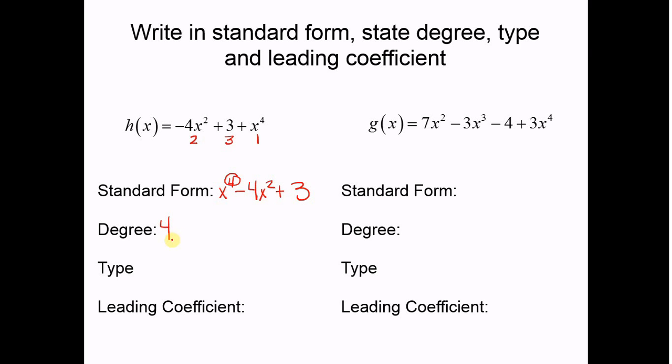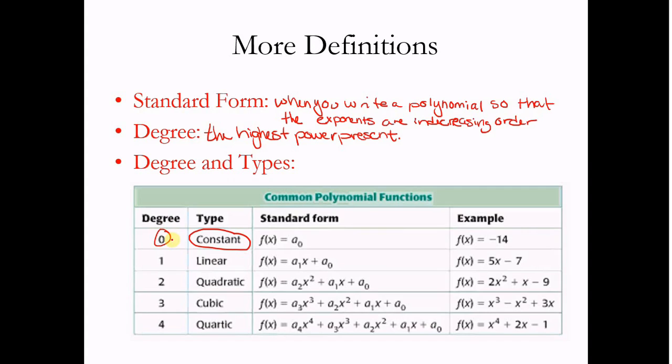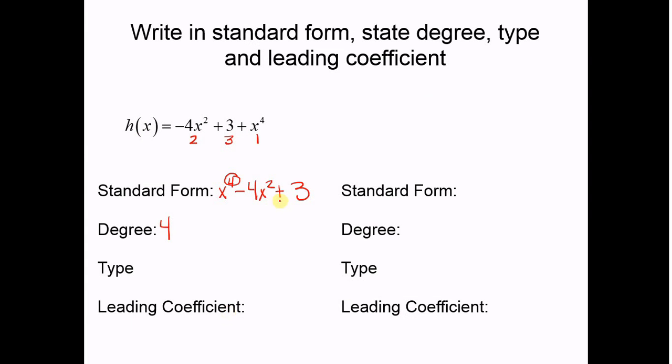If you look back at the chart, a degree of 4 is a quartic. So I have a quartic. Then how many terms do I have? I have 1 term, 2 terms, 3 terms. So I have a quartic trinomial.